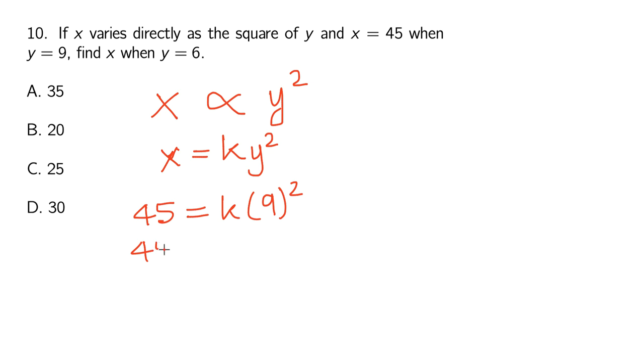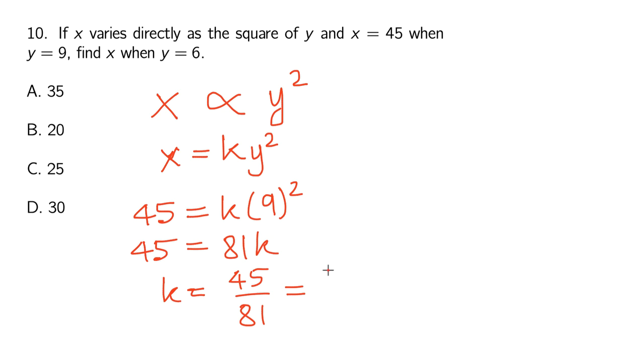It means 45 equals, what's 9 squared? 81. So 81 times k. And what does that give us? It gives us k equals 45 over 81.